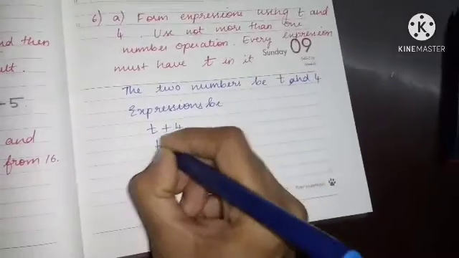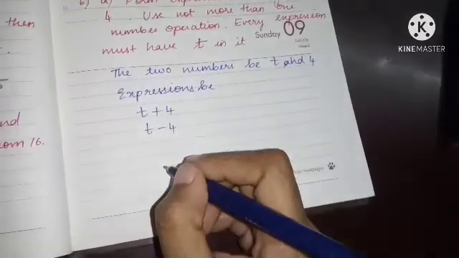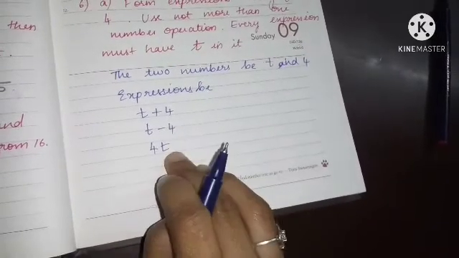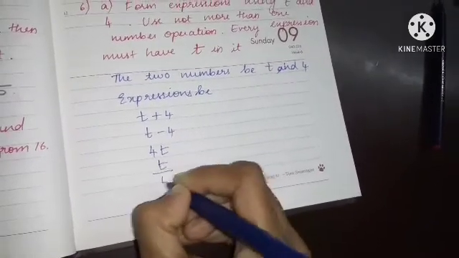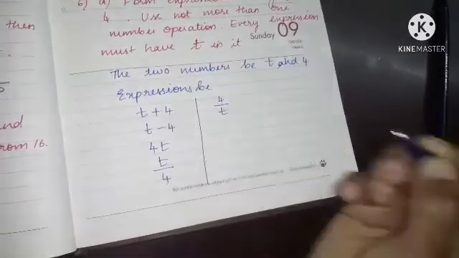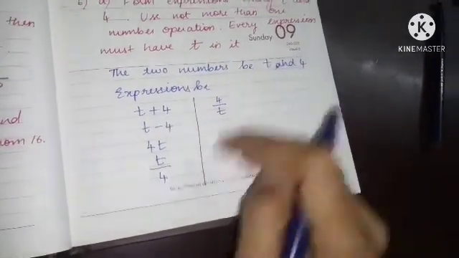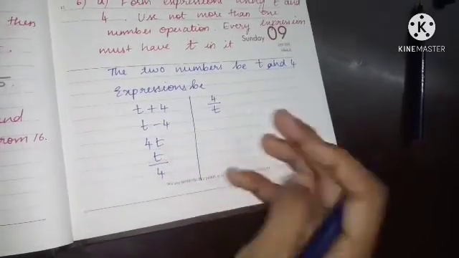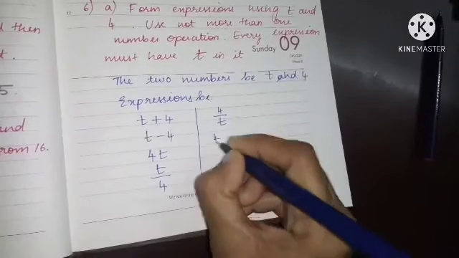Then t minus 4, 4t, because 4 into t is 4t, t divided by 4, then 4 by t, correct? T by 4 is different from 4 by t, right? Next, 4 minus t.